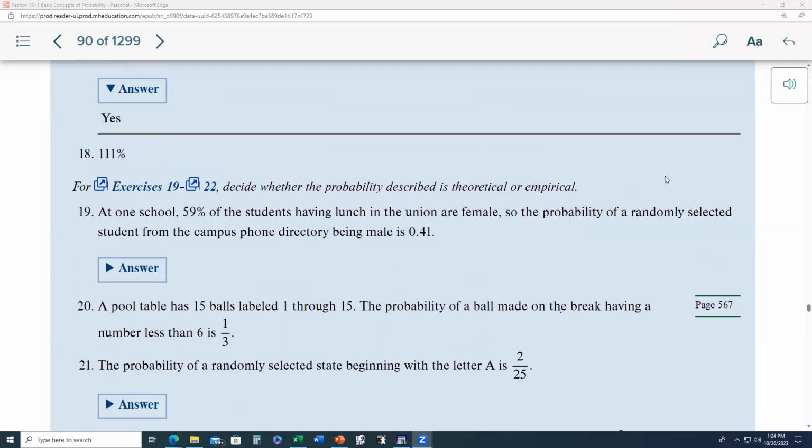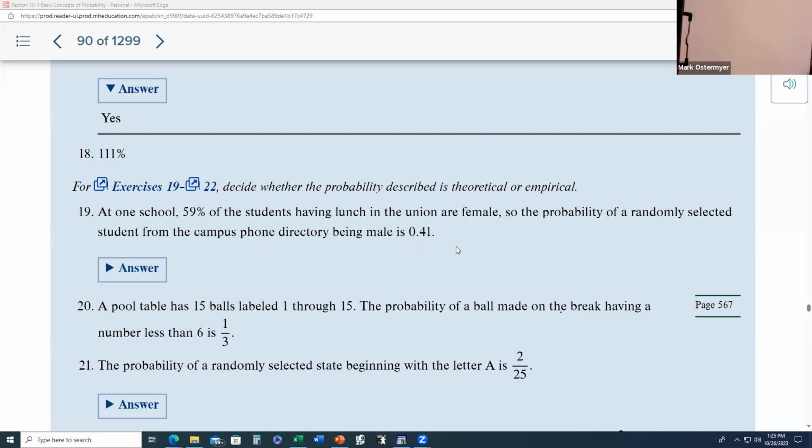Ladies and gentlemen, I have a question for you. Is number 19 a probability described as a theoretical probability or an empirical probability? Number 19: at one school, 59% of the students having lunch in the union are female. So the probability of a randomly selected student from the campus phone directory being male is 0.41.